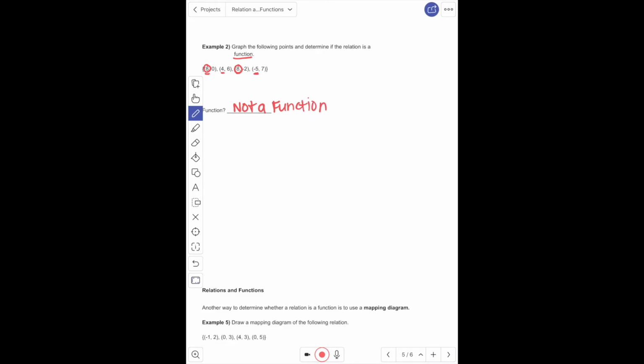All right, the only other thing that I may do is I may draw a map here that I can represent for my problem. So I know that I have 8 for an x, I have 4, I have 8 again, and I have -5. So you don't need to repeat those values. I have 0, 6, -2, and 7.